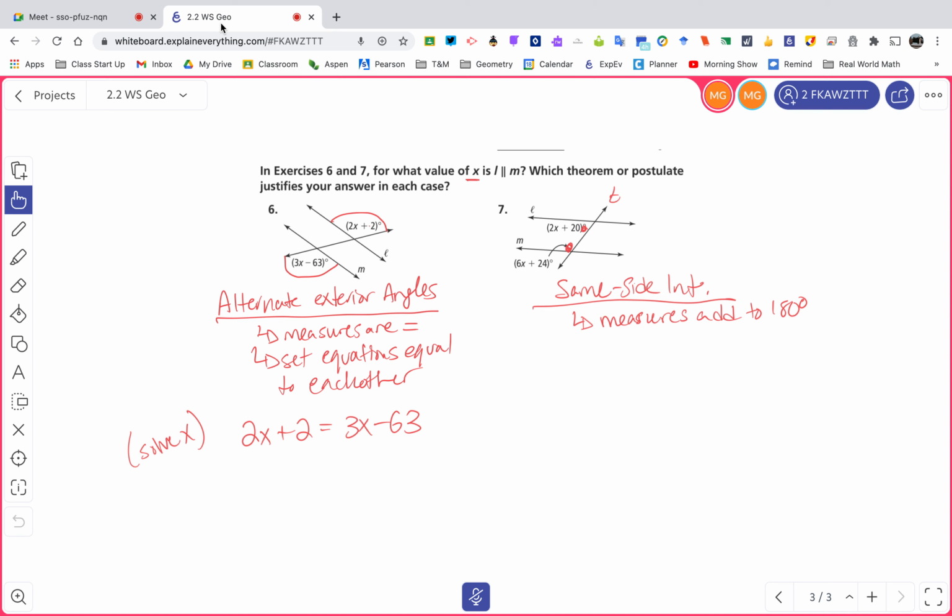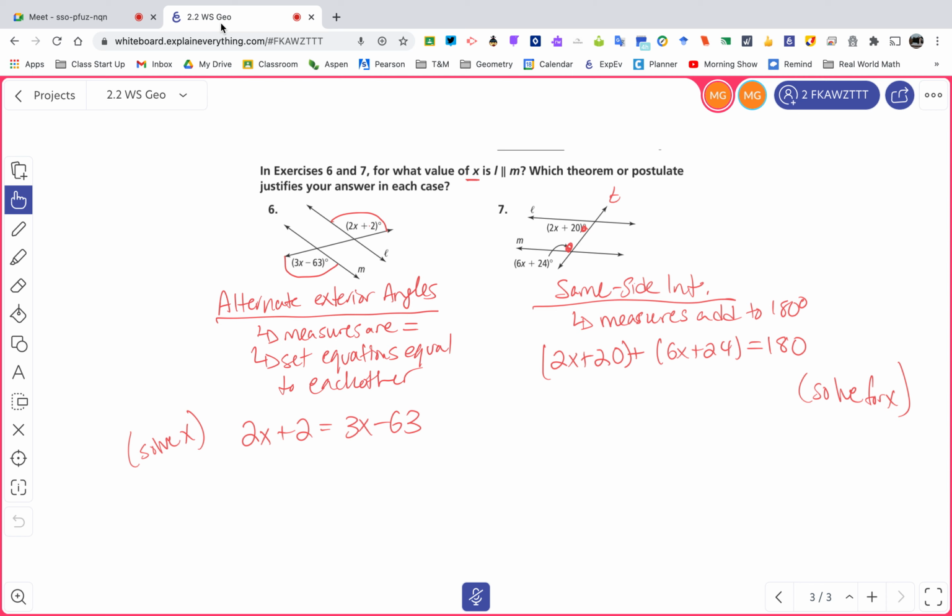Right? So we can do 2x plus 20 plus 6x plus 24, and they add to 180, so they equal 180. Solve for x.